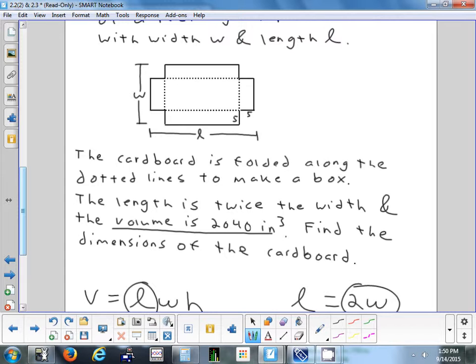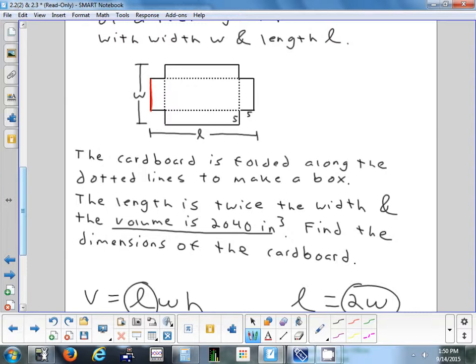Right, so this is what we're trying to represent right here. This is the width of my box once I fold it up, not the original width of the piece of paper. I think that could have been confusing, so on a test, I'd make sure that's clear.